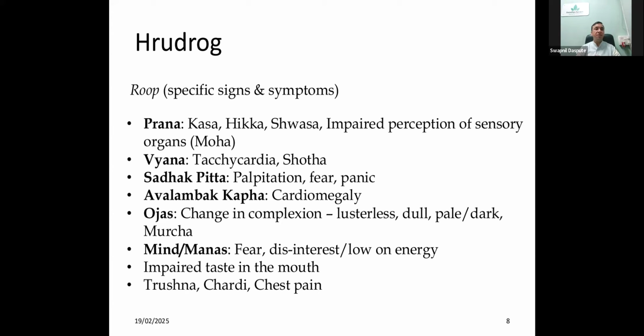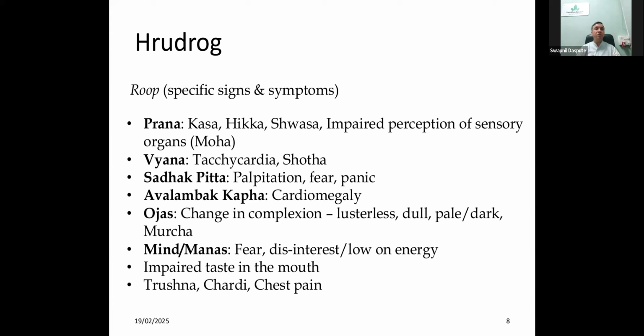Mind or manas. Manas is the Sanskrit term for mind. Because of disturbance at the psychological or mental level, fear, disinterest, or low energy is seen in Rudrog.